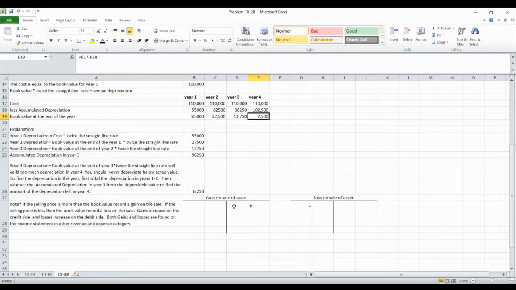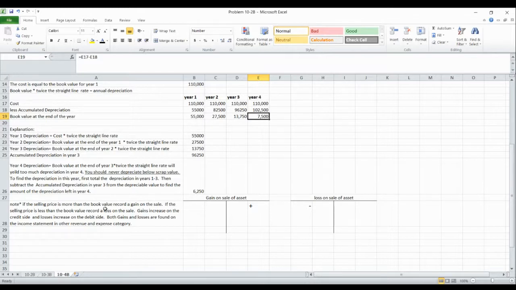The gain on the sale of asset also is an income statement account. Gains will increase on the credit side, and the losses will increase on the debit side. Both the gains and losses are found on the income statement in other revenue and expense category.